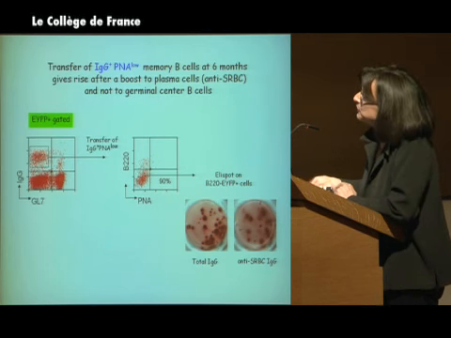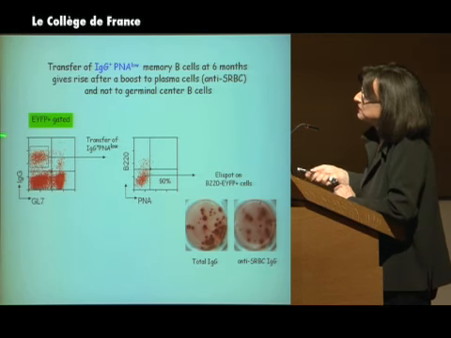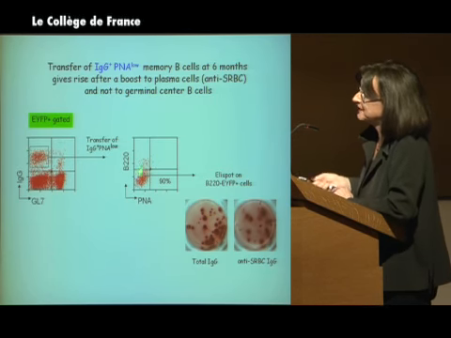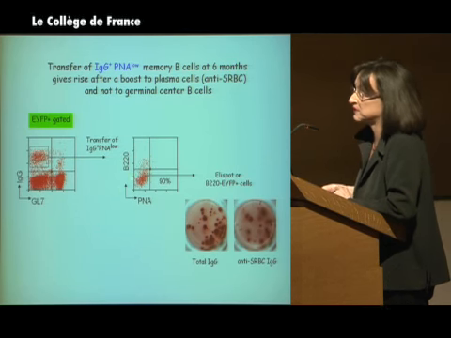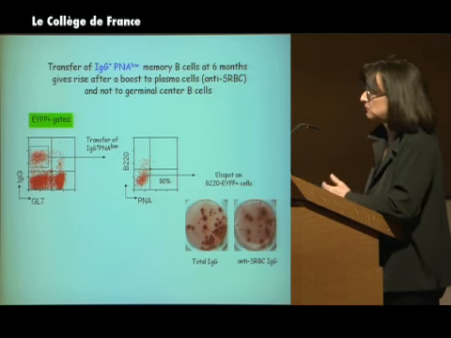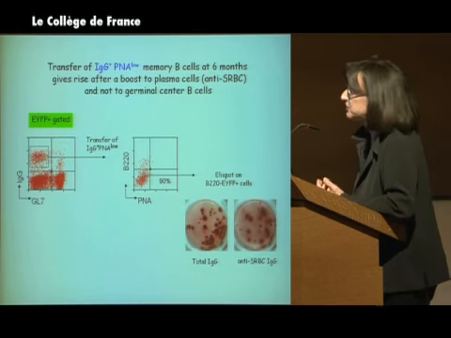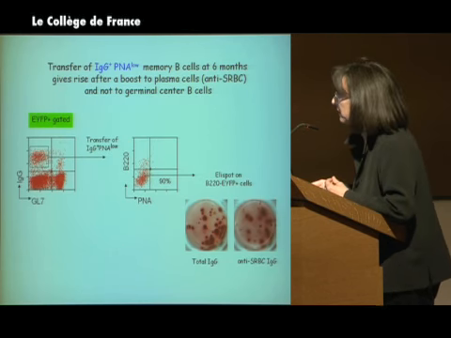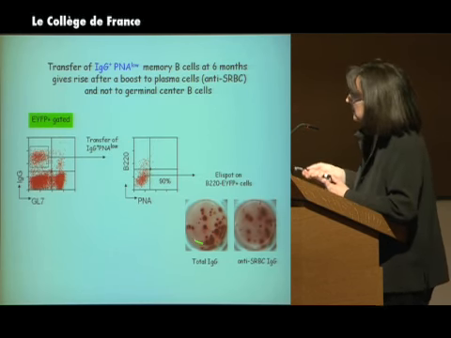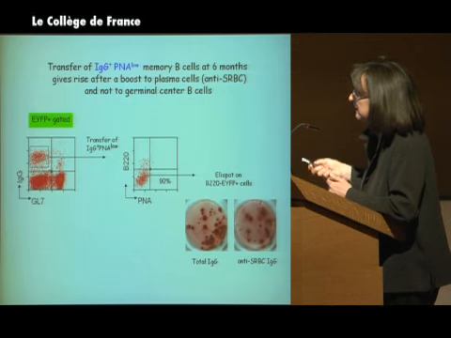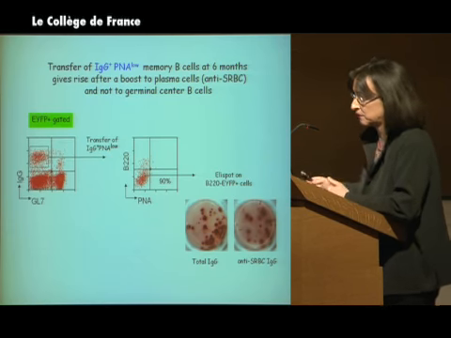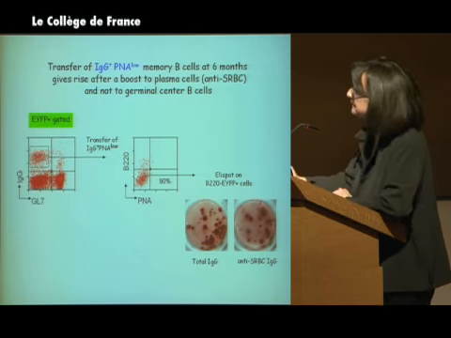Whereas when you focus on IgG positive cells and transfer them into a pre-immunized host, they only differentiate into plasmocytes. They are not able to go back to the germinal center and to reinitiate a germinal center reaction. When you test these plasmocytes for specificity, they are mainly anti-SRBC specific, using a lysate of sheep red blood cells.